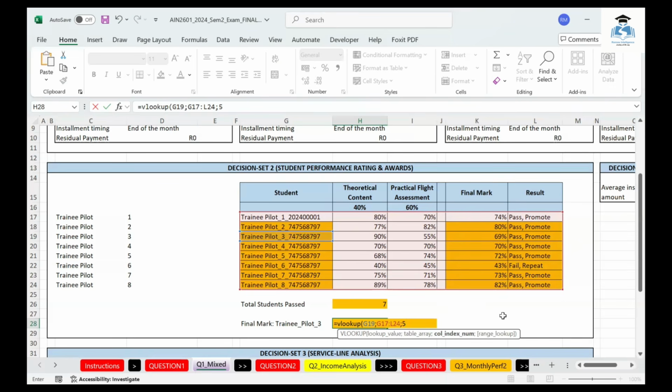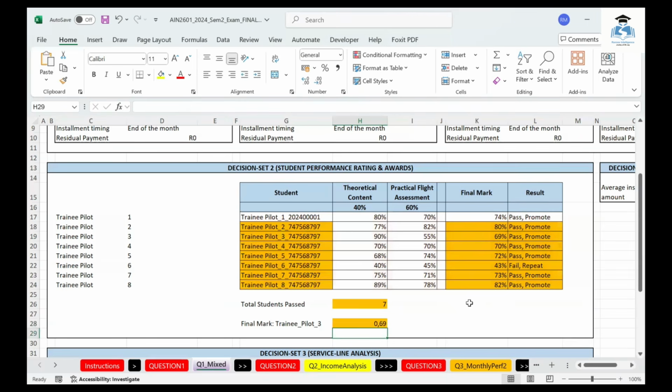Is it approximate or exact? Exact, so false. Enter. So 0.69. You can format it to percent. If we check trainee pilot 3, the final mark is 69, so we did it correctly.